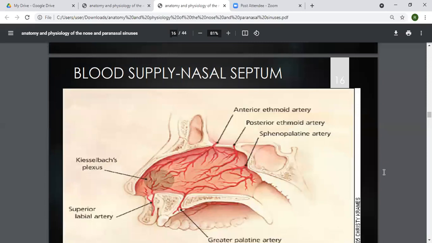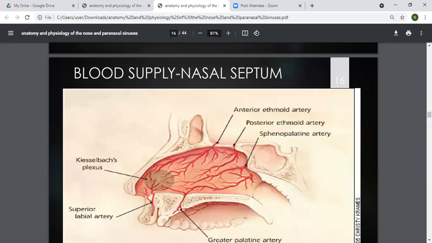So for the blood supply, we have blood coming from about 5 arteries. Superiorly, there's the anterior ethmoid artery and the posterior ethmoid artery, which come from the ophthalmic artery. And then we have the sphenopalatine artery.